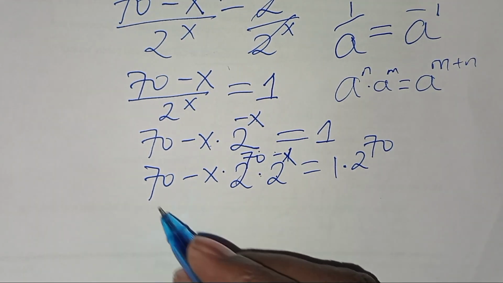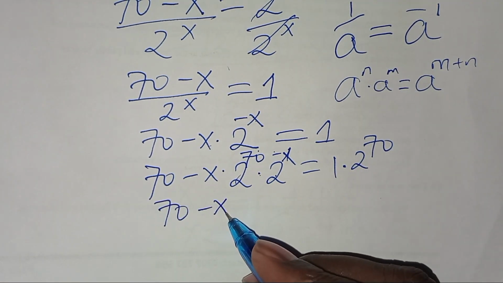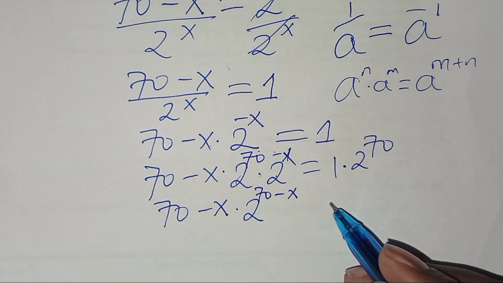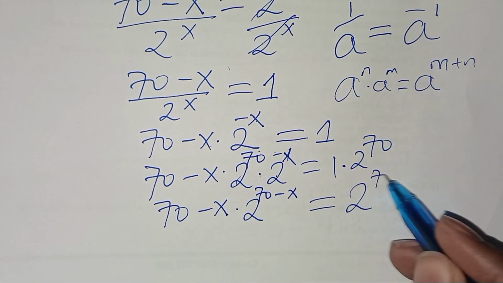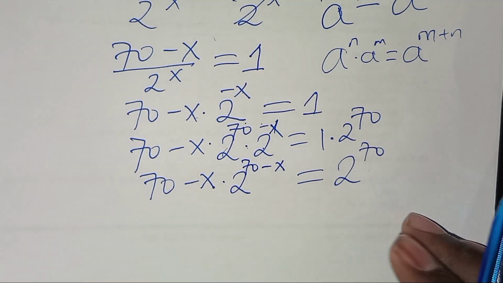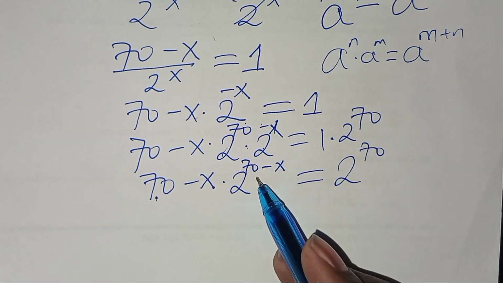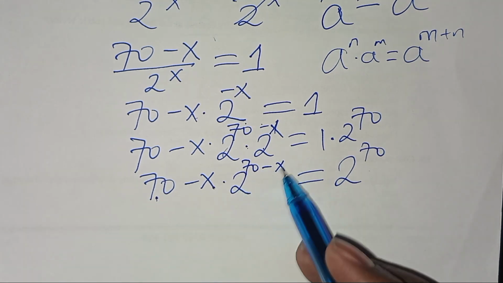Applying this, we'll have 70 subtract x multiplied by 2 to the power 70 subtract x, this is equal to 2 to the power 70.